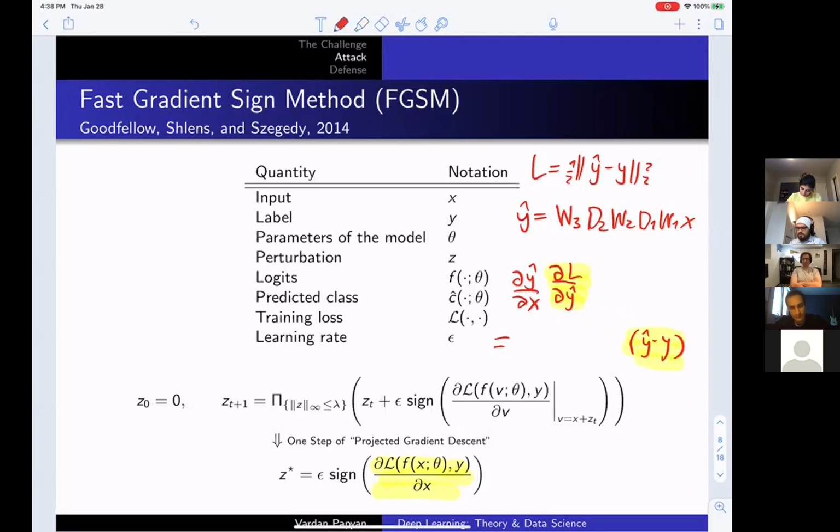And then the derivative of y hat with respect to x is W3 transpose D2, W2 transpose D1, W1 transpose. To me, this is a very intuitive expression, because you're essentially taking a perturbation at the output and multiplying it by the transposes of all the operations. Is this intuitive to anyone else, or is this just intuitive to me?